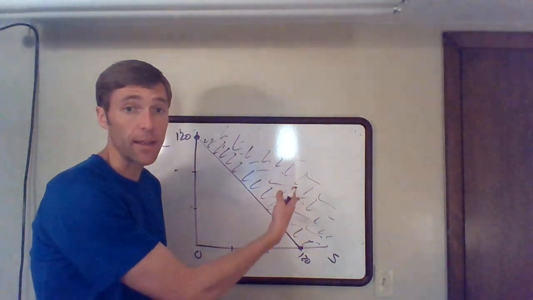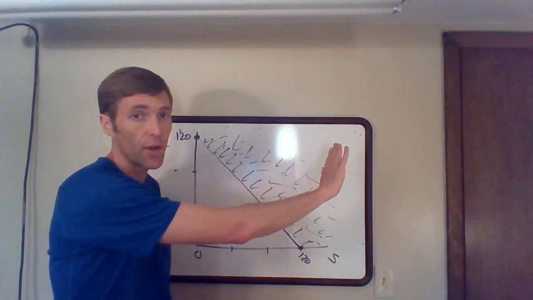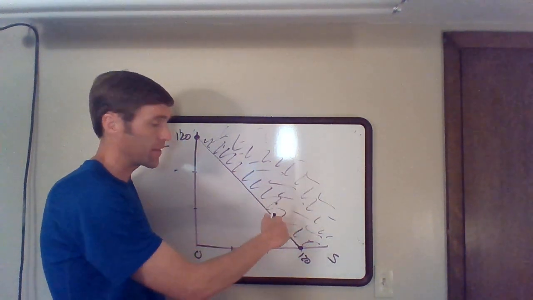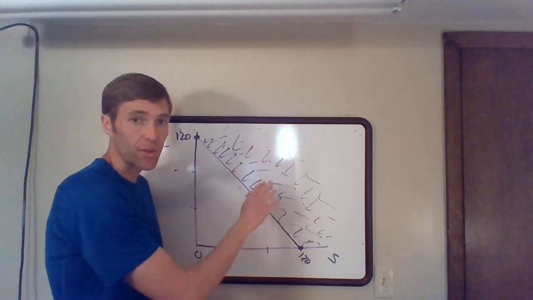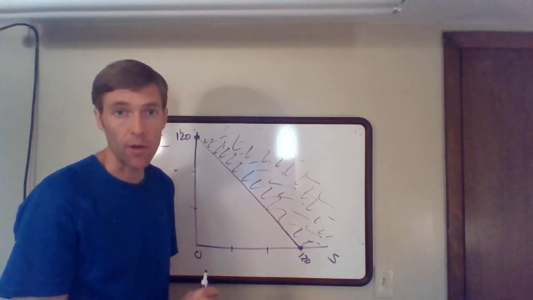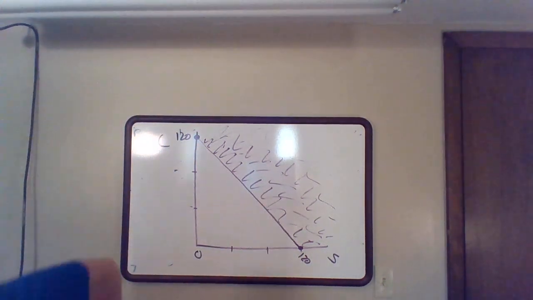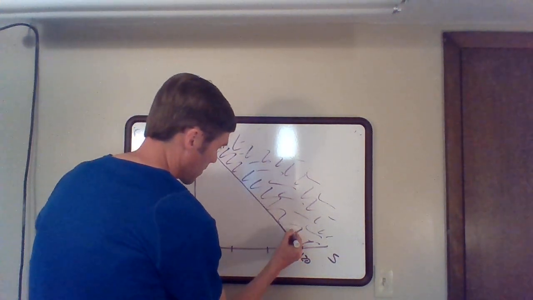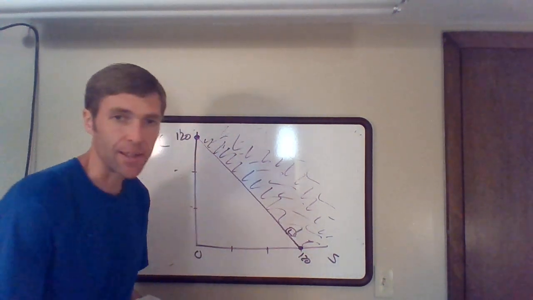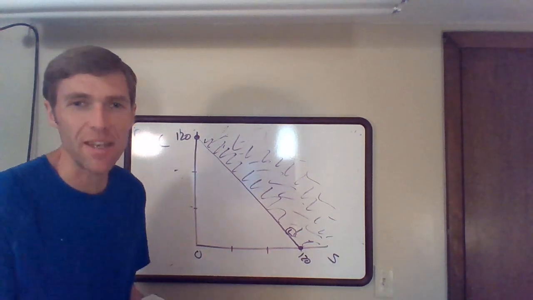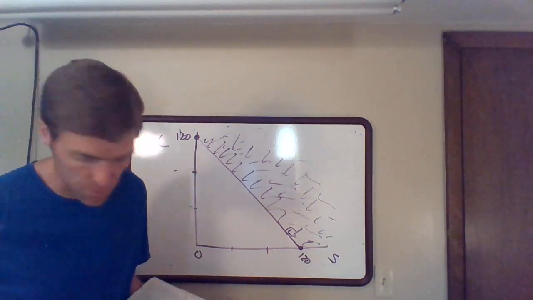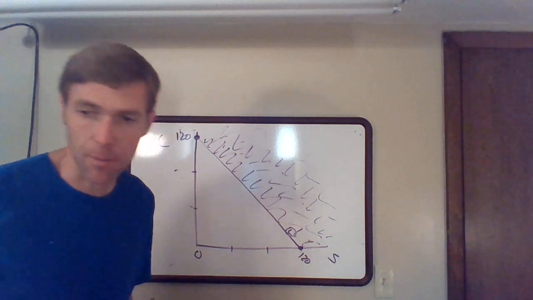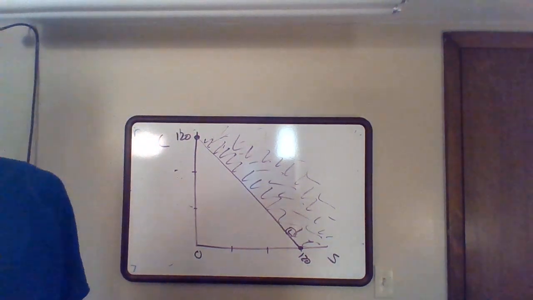This is just showing, hey, you can't plant more than 120 acres. Everything past my land constraint is more than 120 acres. Okay? So I usually try to have some indication of what the constraints are, especially when they start to become numerous.